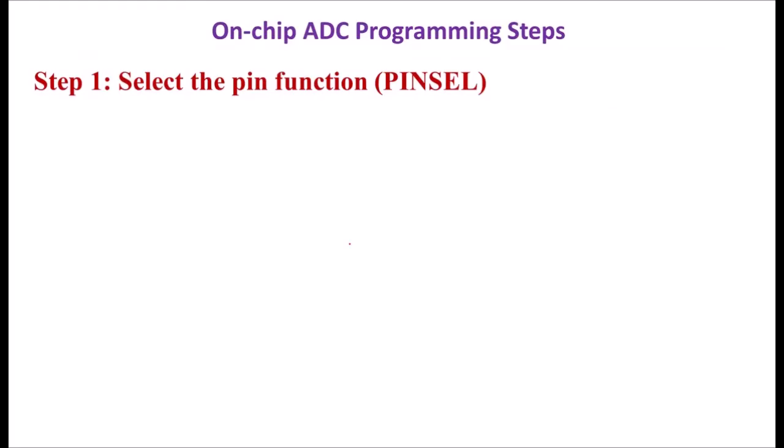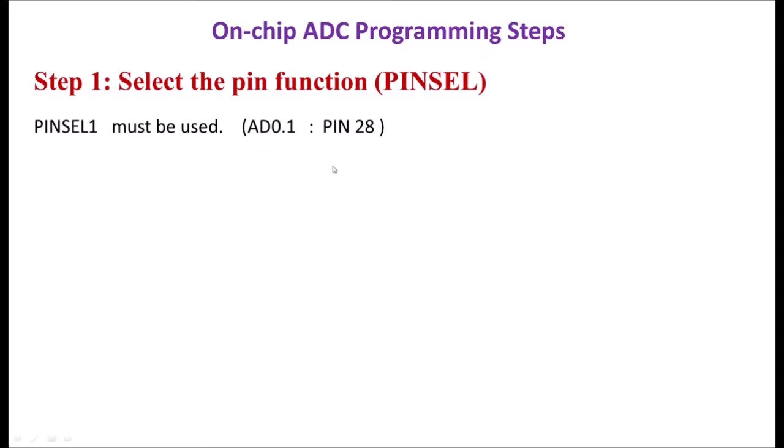Now let us go through the different registers used for ADC programming. The first register is used to select the function of the port pin to which we are going to connect the input voltage. So the first register is the pin select register, which selects the function of a particular port pin.